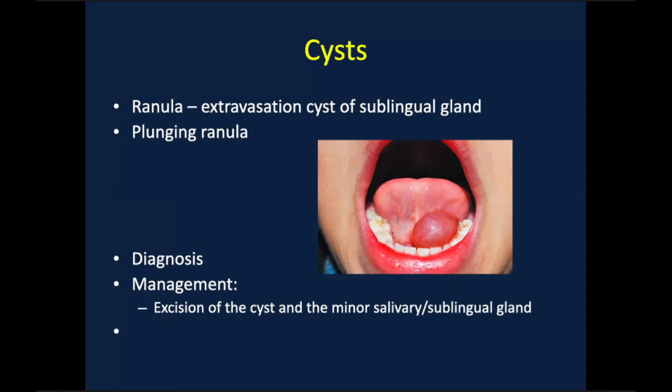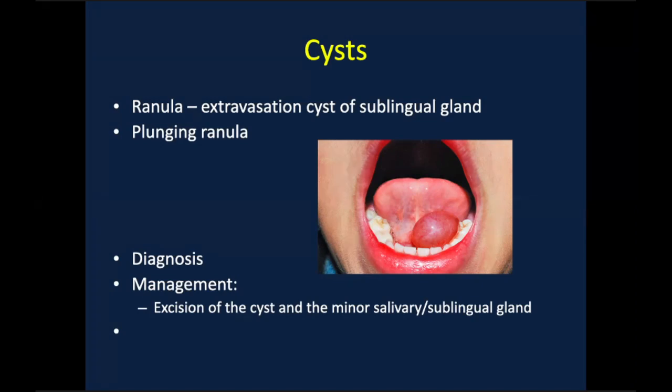The ranula is usually quite large compared to a very small mucus retention cyst of the lip, right? Sometimes it occupies the entire floor of the mouth. So there are different types of ranulas. Some ranulas are exclusively or only situated in the floor of the mouth, right?